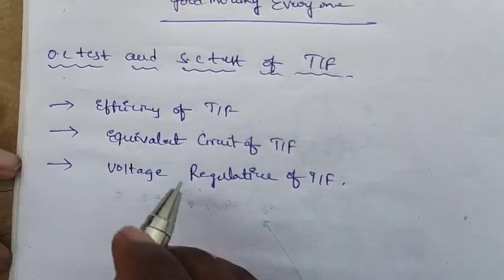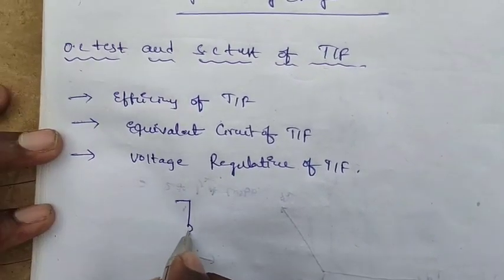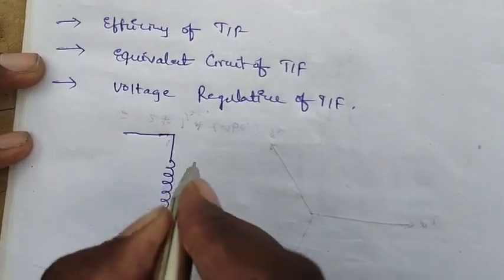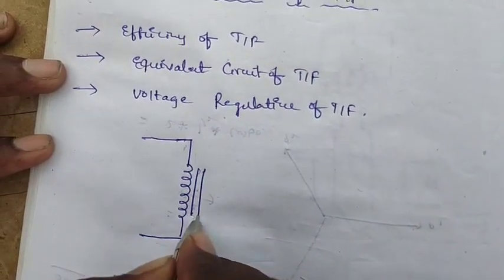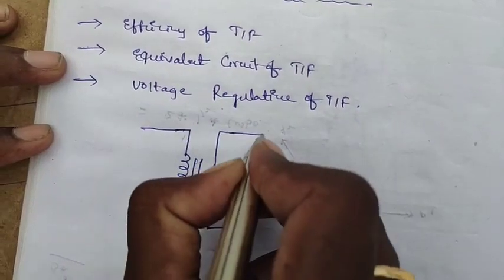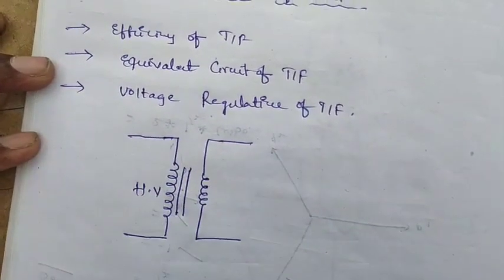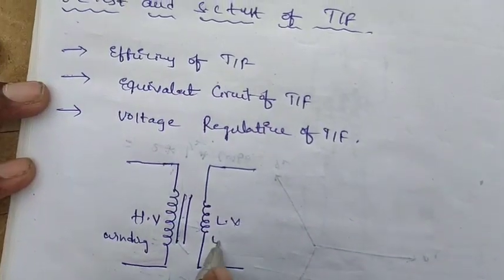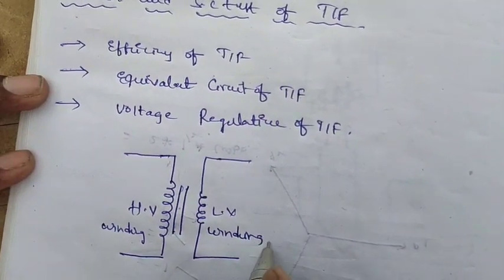So you have to see that one. Consider one transformer. This is the HV winding, this one is the LV winding.